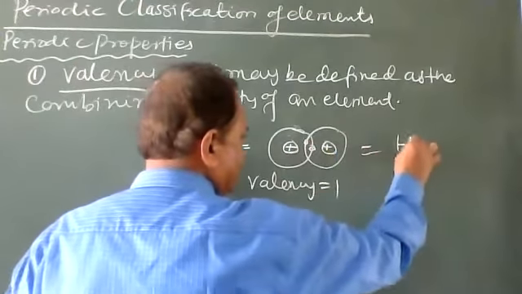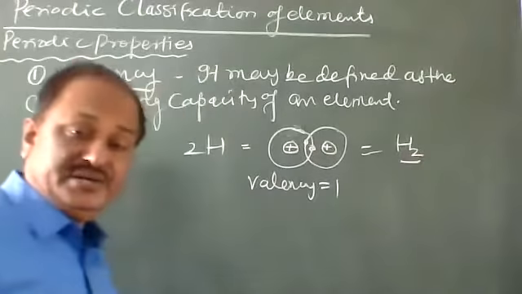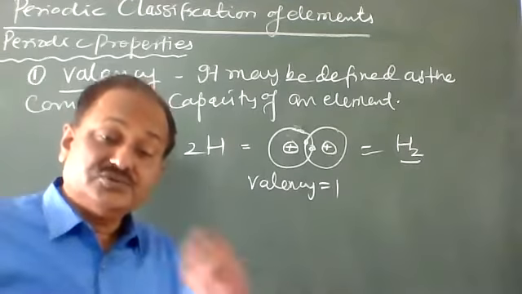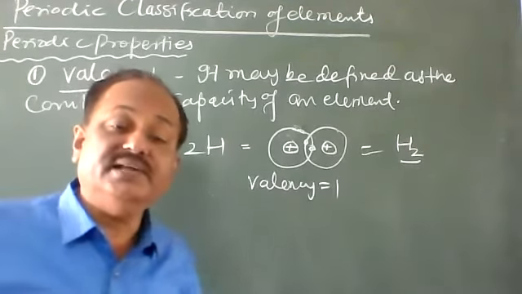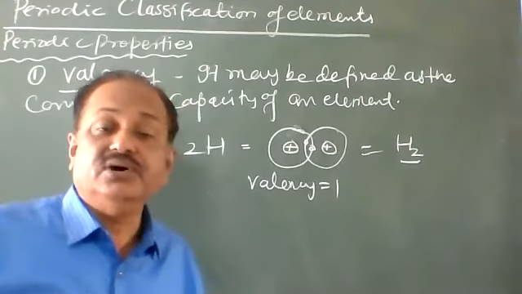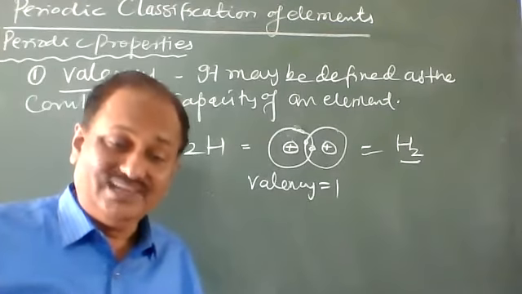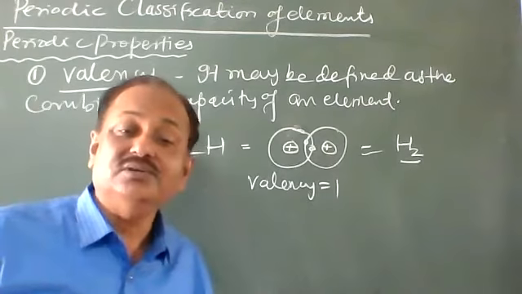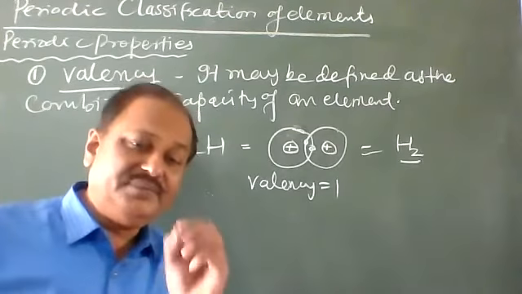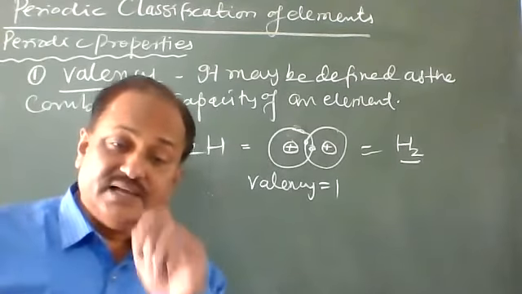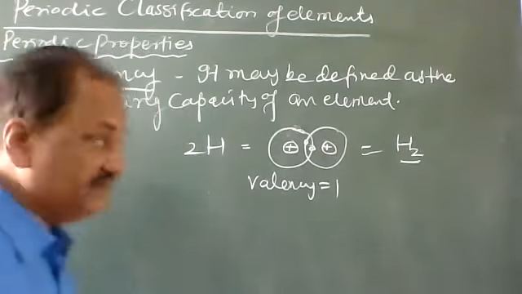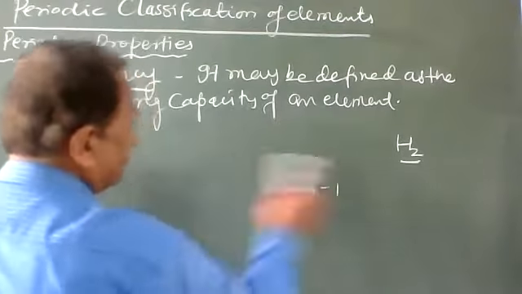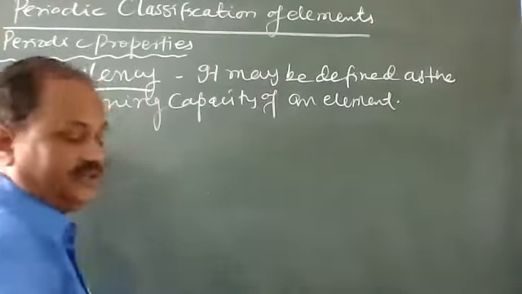So there is formation of an H2 molecule. So this is valency. Valency is always definite for a particular element. It is not variable, except in very limited cases. So it is the combining capacity of an element.